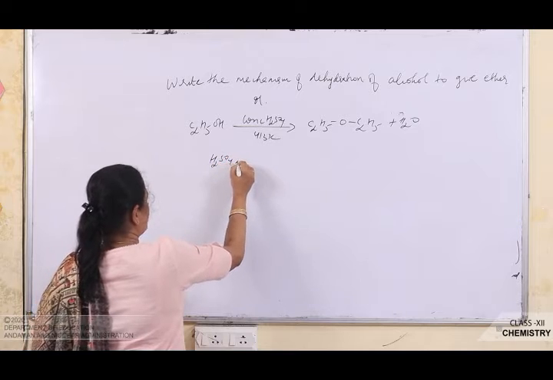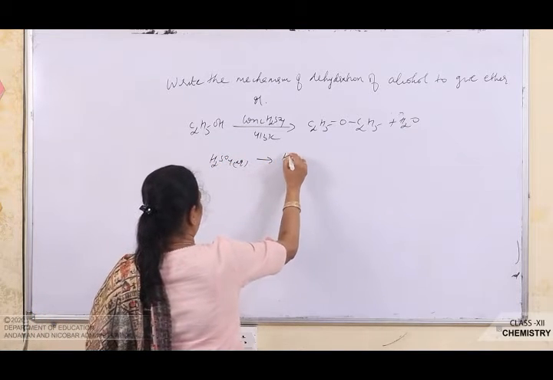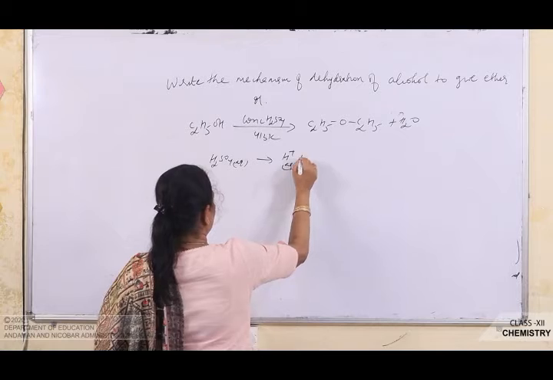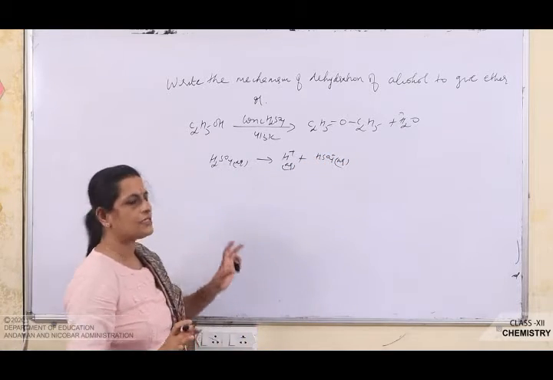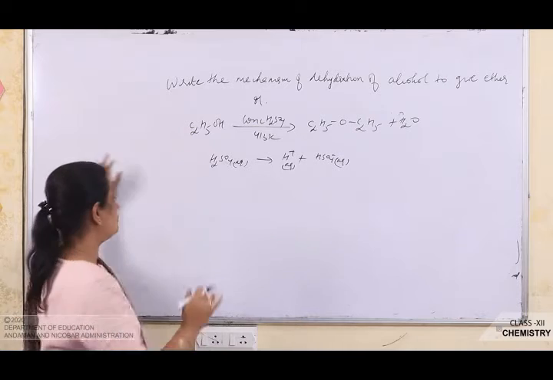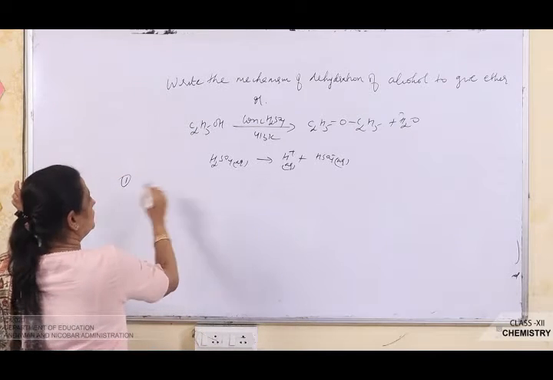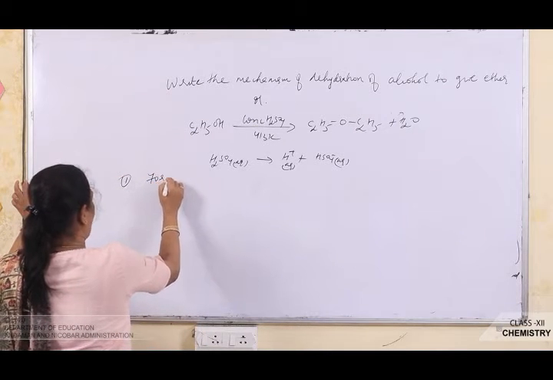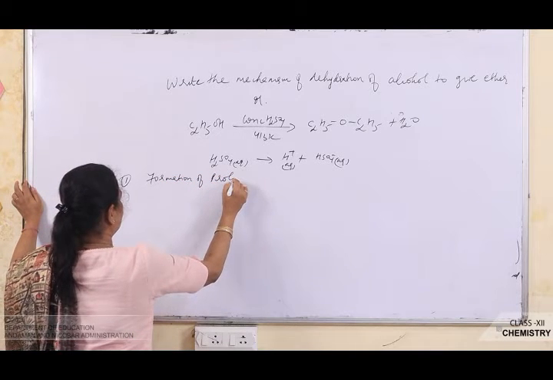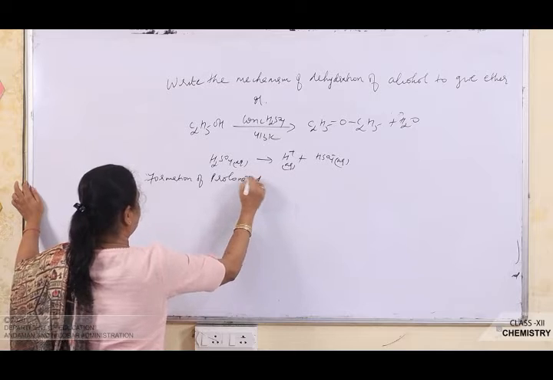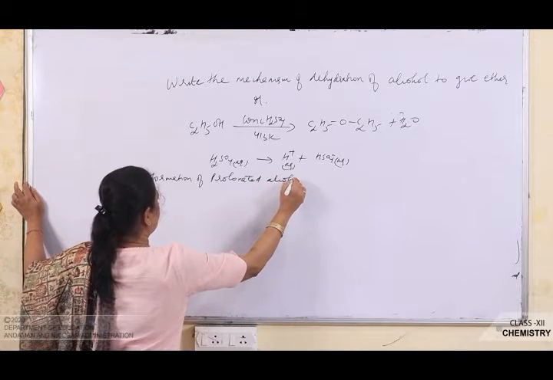Acid will dissociate to give you H plus ion plus HSO4 minus, and whenever a proton is there, it will go and attack whom? Oxygen atom. So, the first step is formation of protonated alcohol. This is the first step.